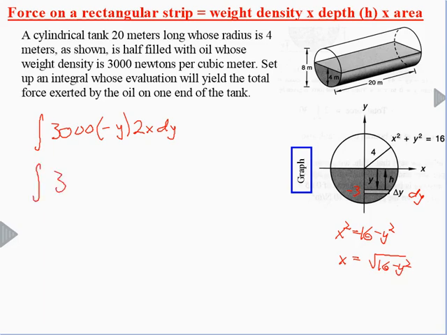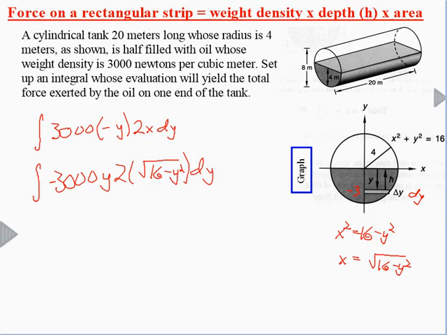So we have a couple other things to do here. So we have 3,000. Let's actually write that as negative 3,000y right now. Now we could actually do 6,000, but 2x. So we just found that x is equal to the square root of 16 minus y squared. And our width is dy.